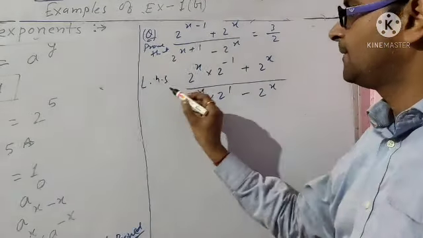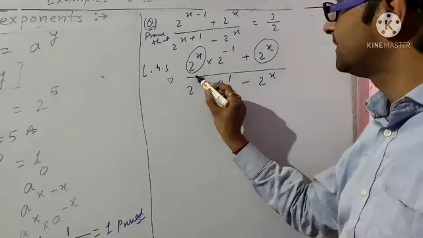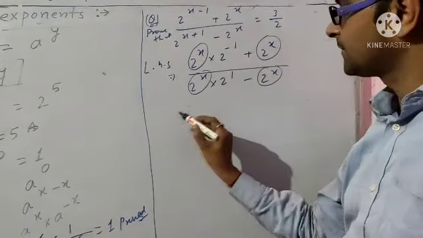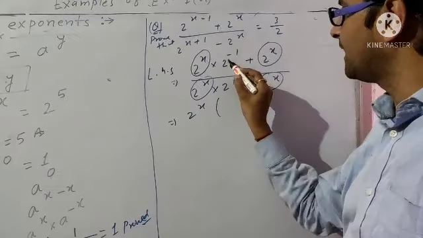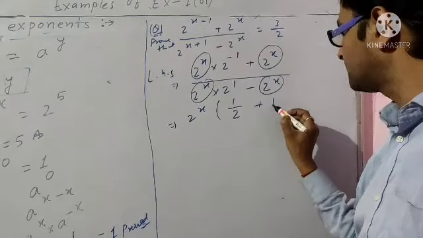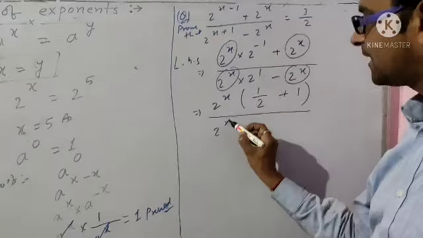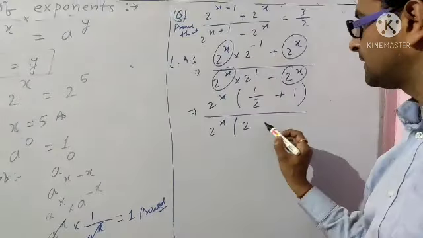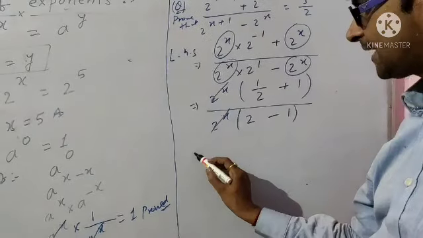In this case, student, 2 to the power x is common in the numerator and denominator. So 2 to the power x is common. Here is 2 to the power minus 1, which can be written as 1 by 2, plus 1, divided by 2 to the power x common, 2 to the power 1, that means 2, minus 1. 2 to the power x and 2 to the power x cancel.